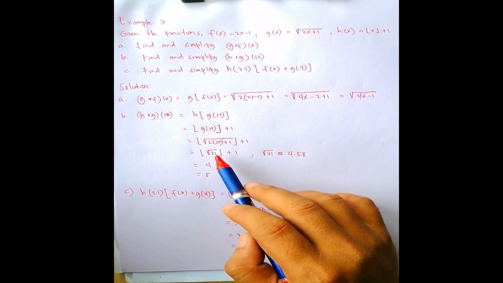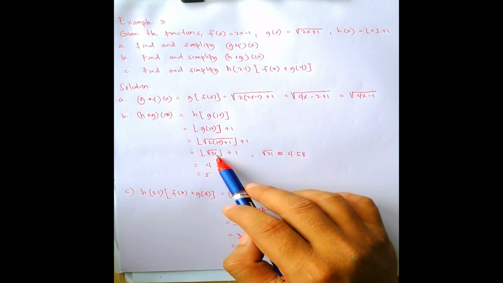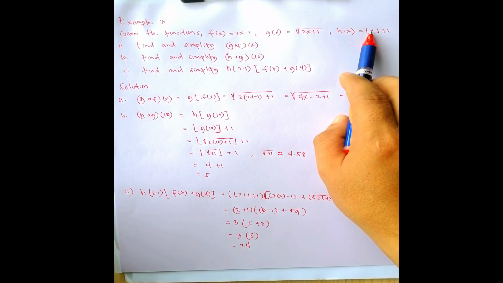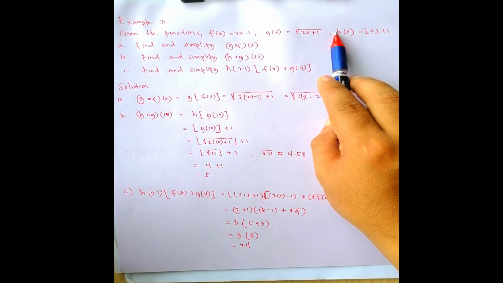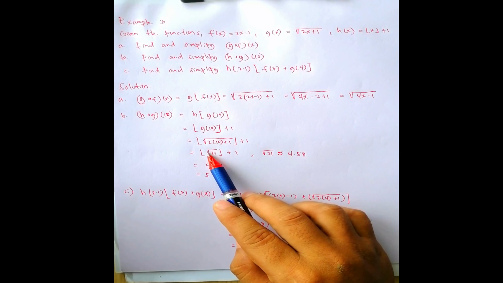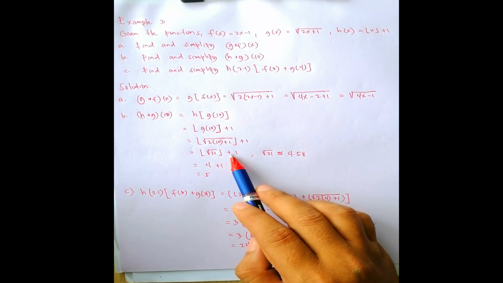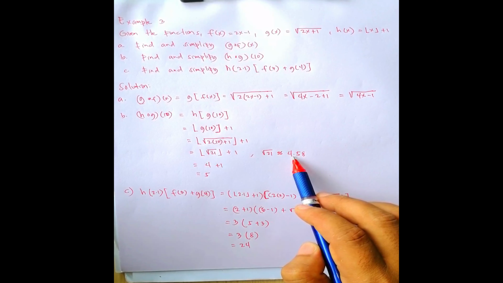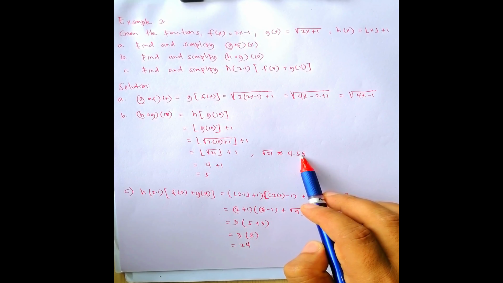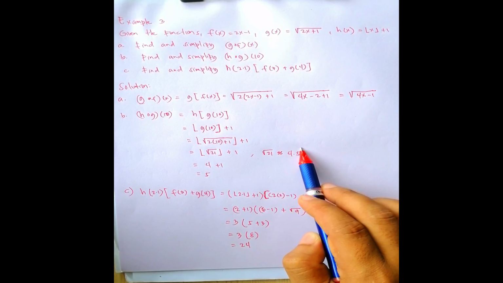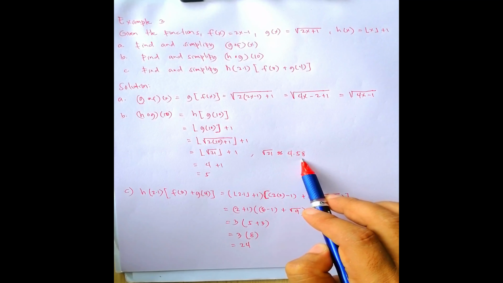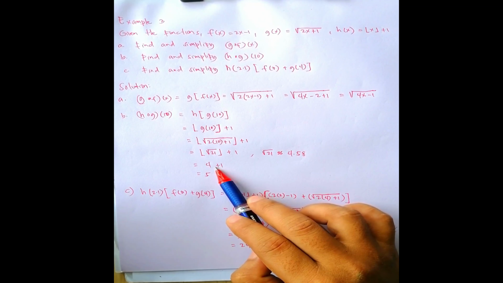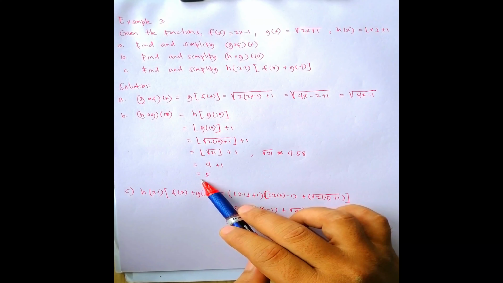The answer is square root of 21. And then square root of 21 will be substituted in the value x in this function. So the greatest integer function of square root 21 plus 1, since the value of square root of 21 is approximately 4.58. So the greatest integer that you can form out of this number is 4. Okay? So 4 plus 1 is 5.